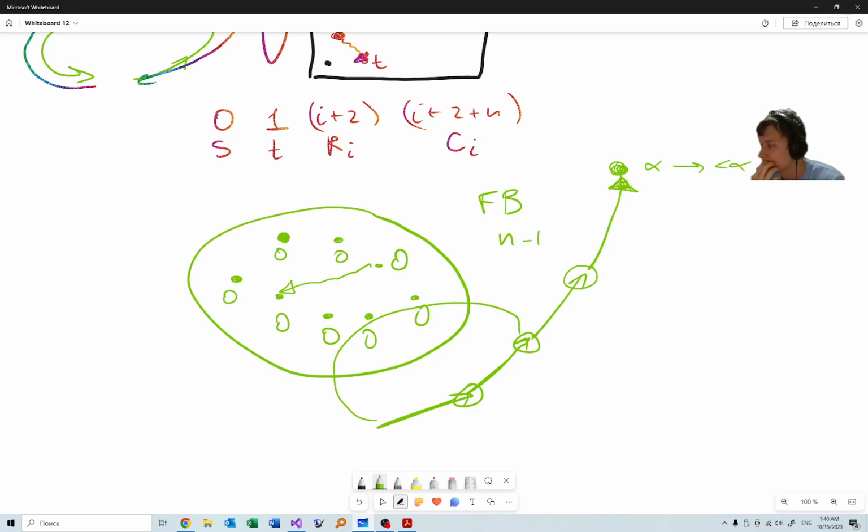Or no. So is it true that if I have done something in a cycle, this definitely means that I have a negative cycle here? It seems so. Okay, let's try and write it.